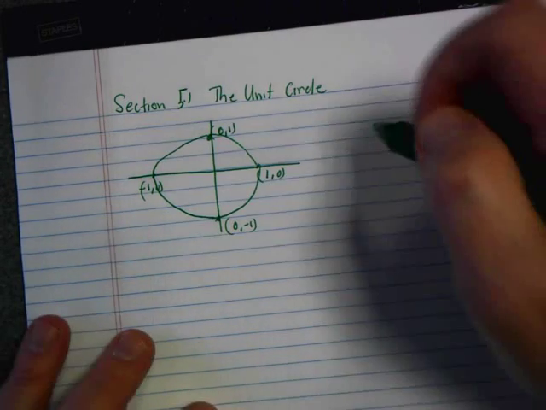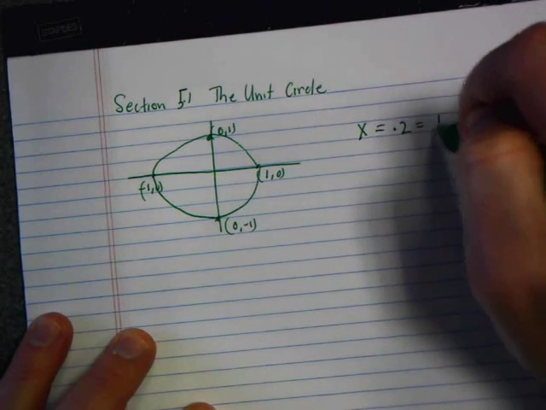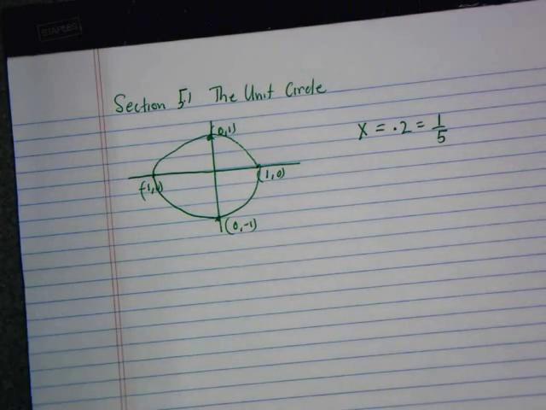0.2, which I'm going to write as 1/5. How can I find the y value? What's the equation of that circle? Anybody know the equation of a circle?